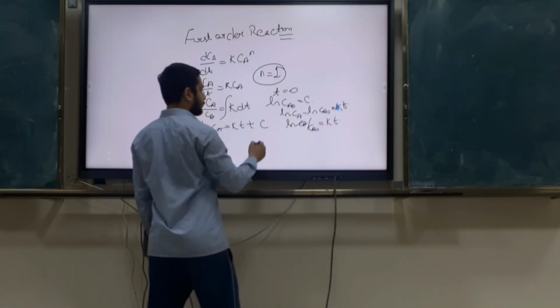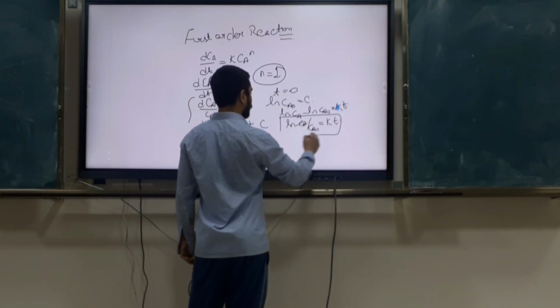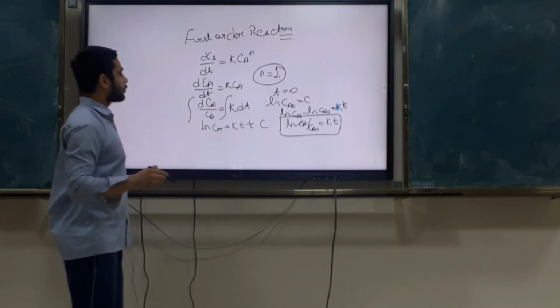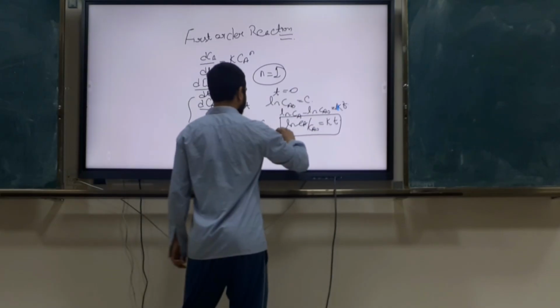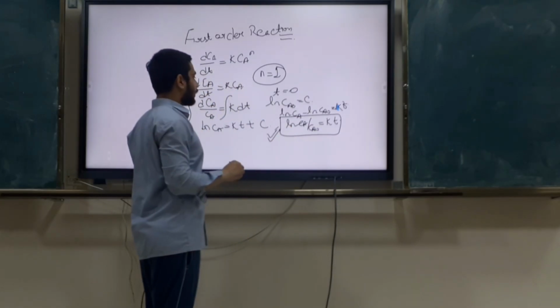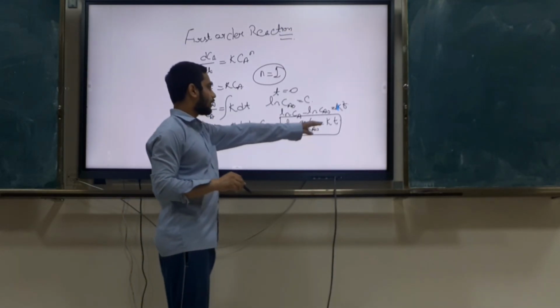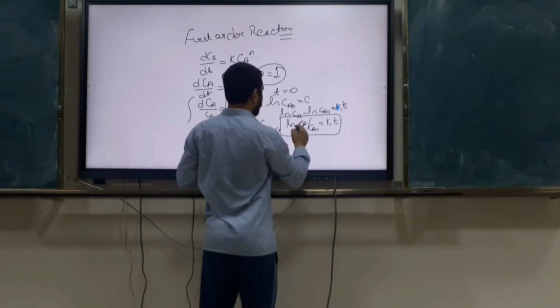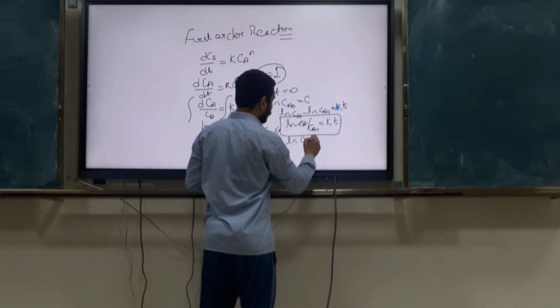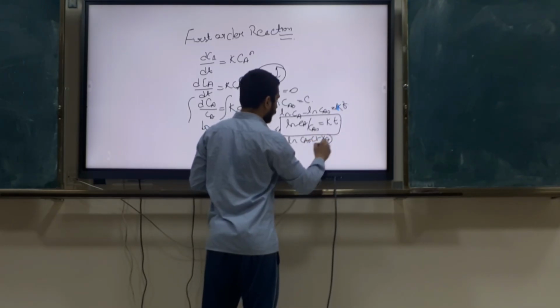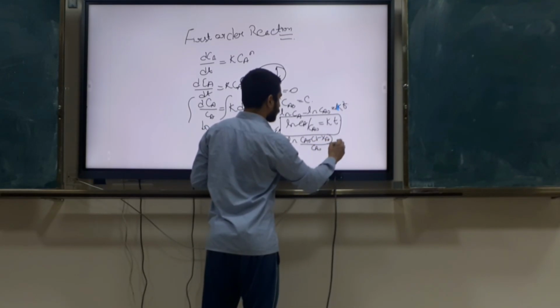This is the equation for the first order system. As we know, Ca is equal to Ca naught into 1 minus Xa, so Ca upon Ca naught is equal to 1 minus Xa.